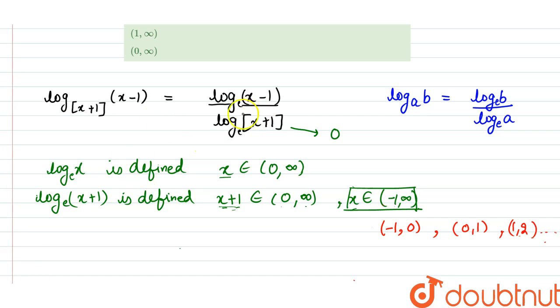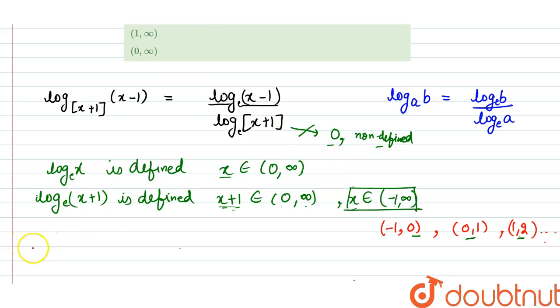In order to make this denominator not equal to 0, and also not a non-defined term, we have to look for the intervals here, and then we have to discard some of the intervals in which the log of the greatest integer function value of x plus 1 is either getting 0 or is getting non-defined.